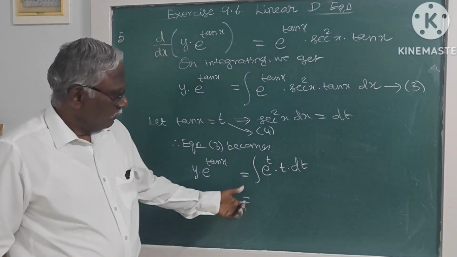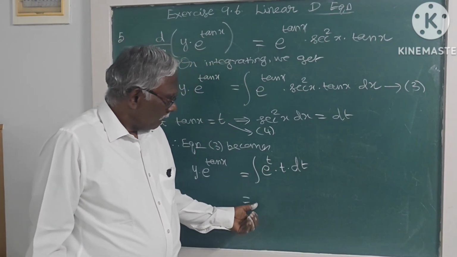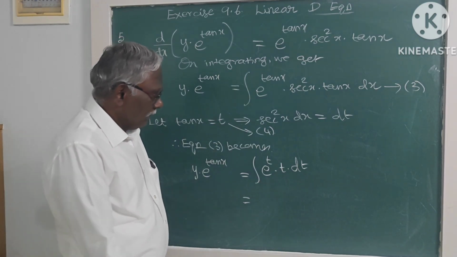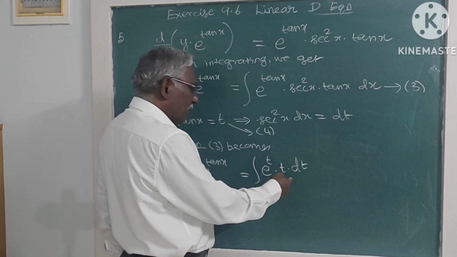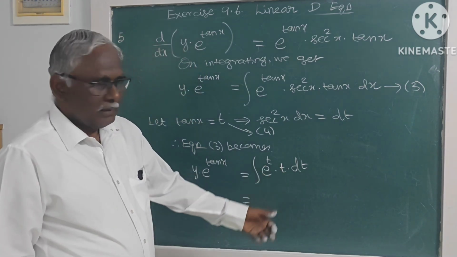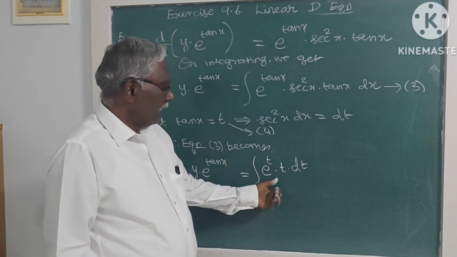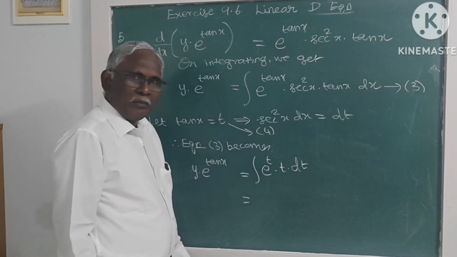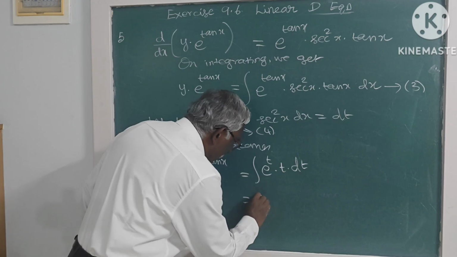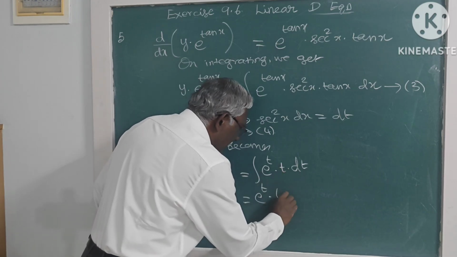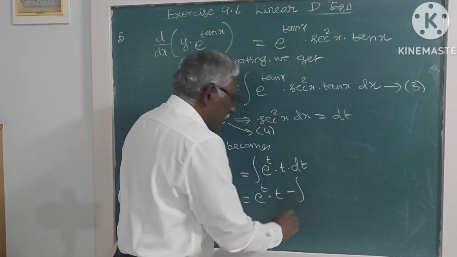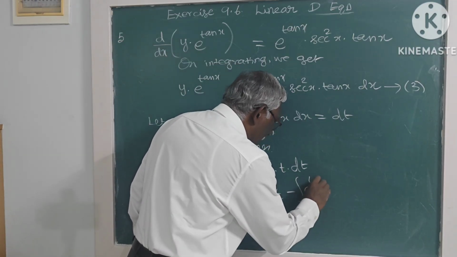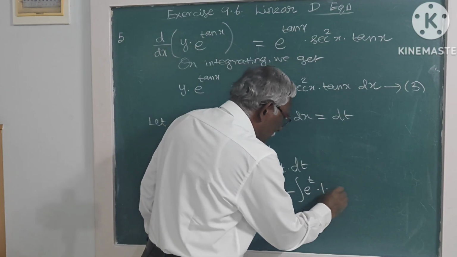Now we have to evaluate this integral. If we differentiate t with respect to t, we get 1. So that means we'll integrate e power t and we'll take t as the other function. We'll integrate this by integration by parts. If we integrate e power t, what will come? E power t only, into second function t, minus integral of integrated function e power t into differentiated t, 1 into dt.